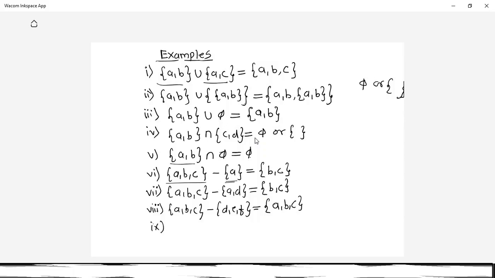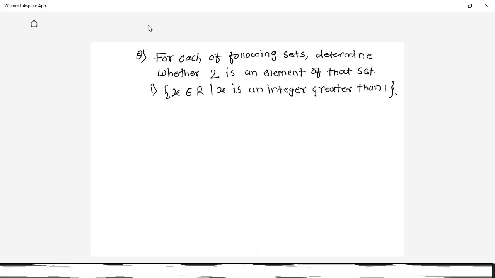Next, {A, B} symmetric difference {A, C}. For symmetric difference, we should exclude the common elements between the two sets. A is the common element between these two sets. So the result of the symmetric difference will be {B, C}. Now next question.